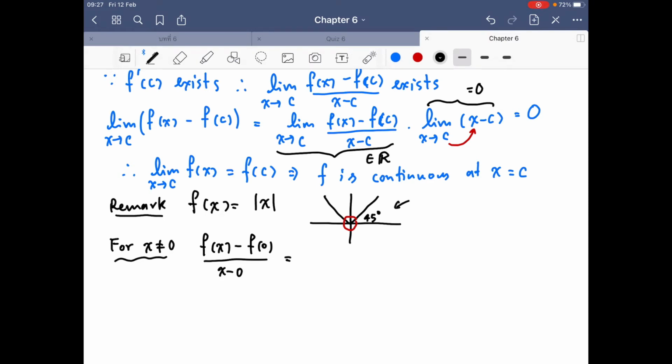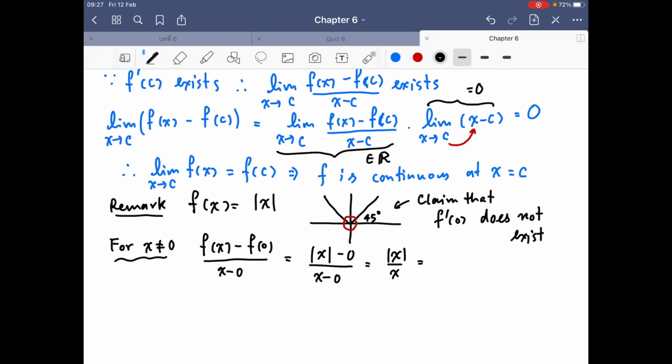We are going to claim that the derivative at 0 does not exist. It is actually the absolute value of x minus 0 over x minus 0, which is simply this one. Do you remember this function? It is the signum function, right?